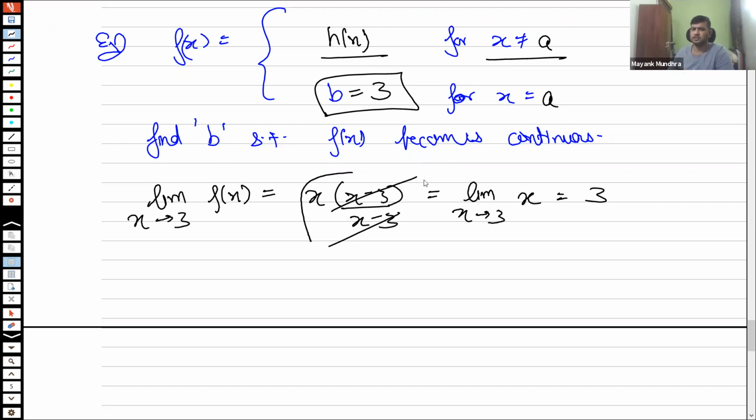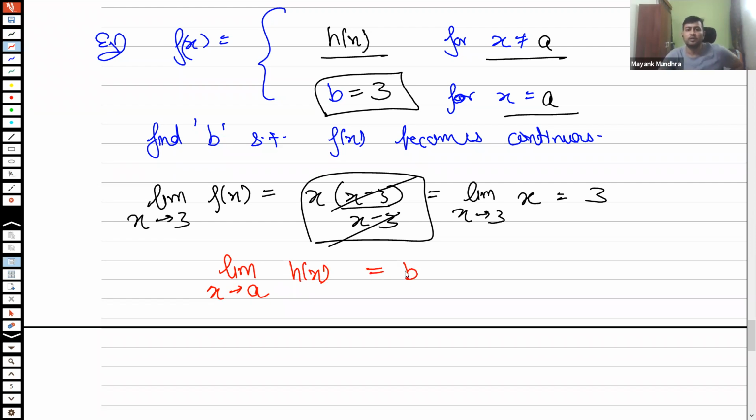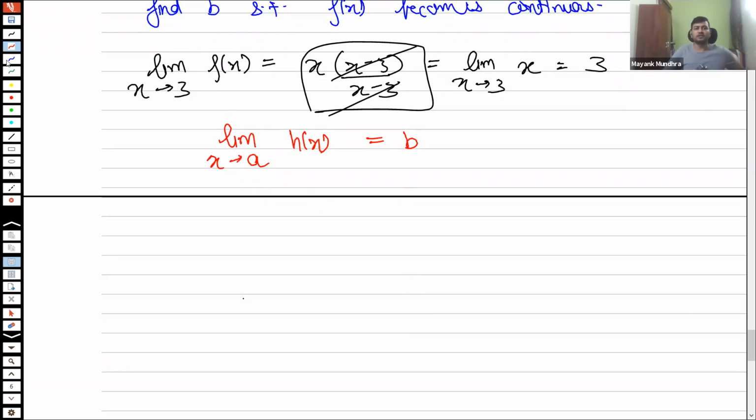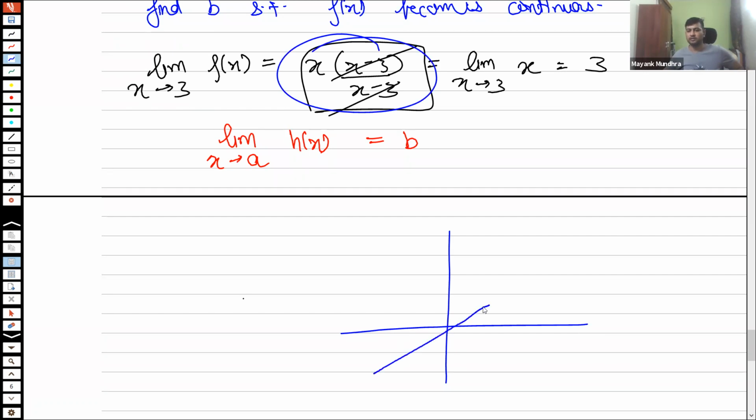This h of x was this thing right now; it could be something else in some other question. And at a, the functional value is b. You have to find b such that the function becomes continuous. In this case, you always have to find limit x tending to a of h of x, and whatever that value is, it should be equal to b. Suppose again, the graph of this function will look like this actually.